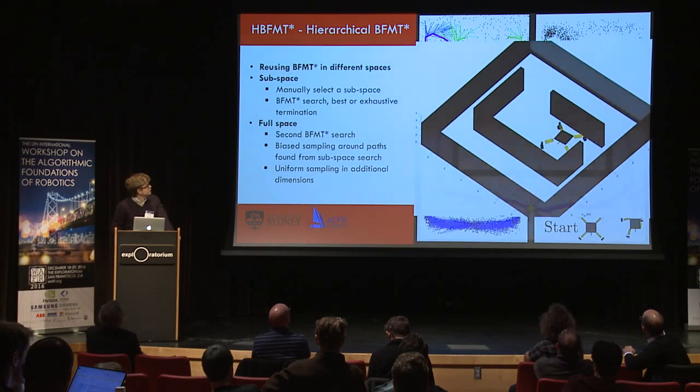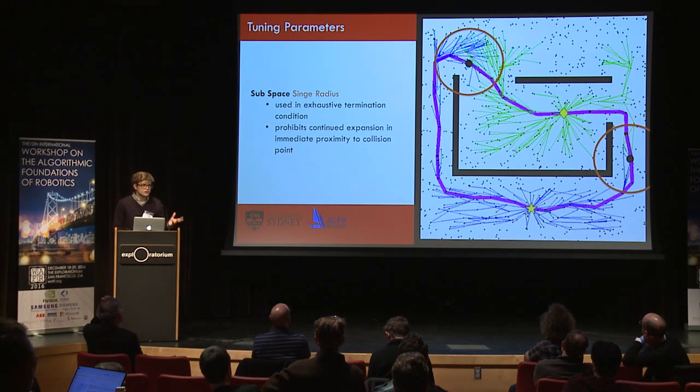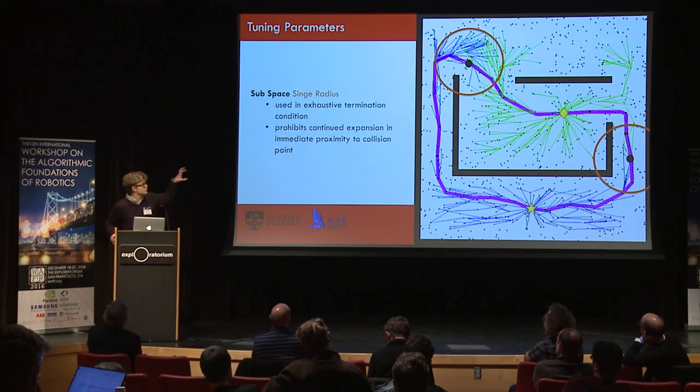Now, to do this, we use a couple of tuning parameters within our algorithm. In the initial subspace search, we have a parameter called a singe radius, which is used for the exhaustive termination condition. What this does is it singes all the nodes around a termination collision so that an alternative path is not close to this initial path.